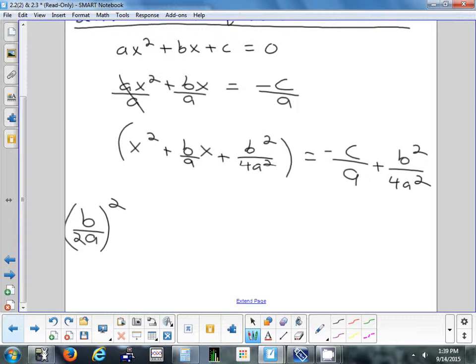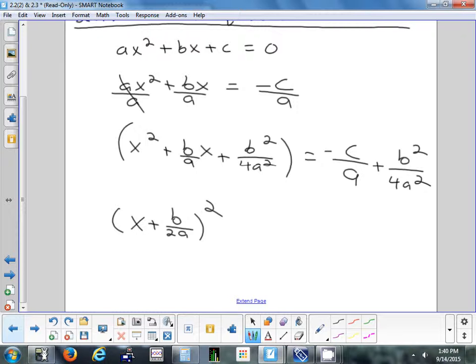Okay, and I think I'll do one more step and then maybe start to see where some of the quadratic formula comes from. This is going to factor very nicely. It's going to factor as x plus b over 2a. That's just when you complete the square, you're making it so it factors as something times itself.